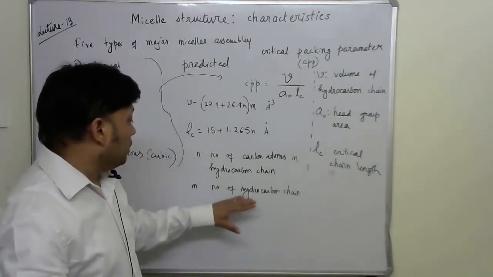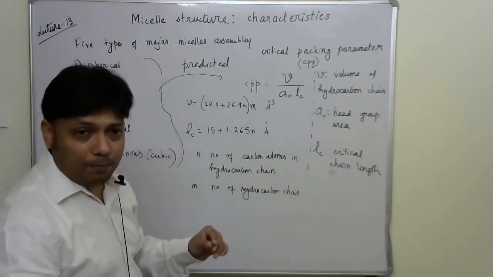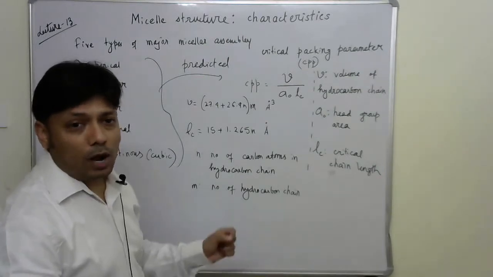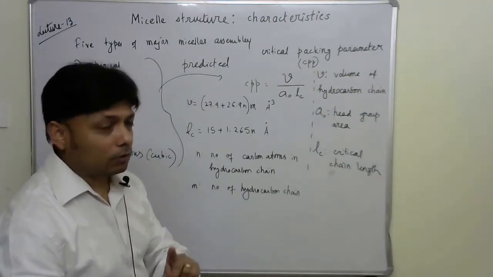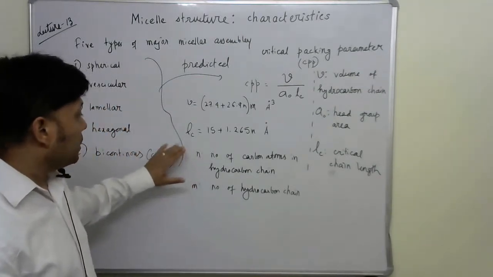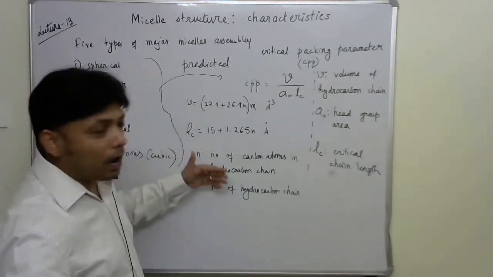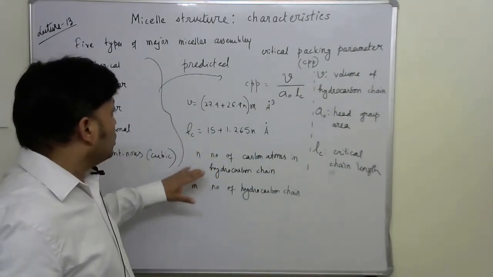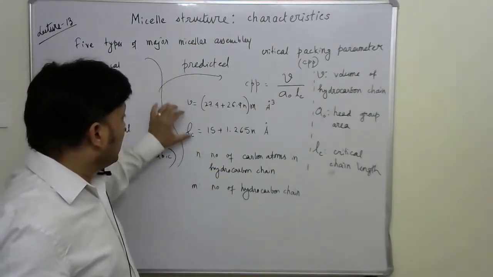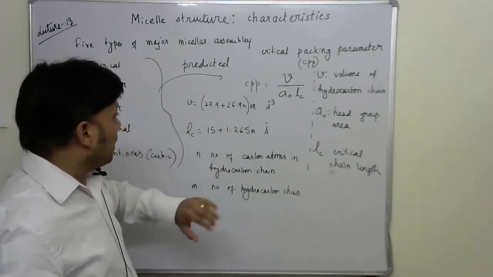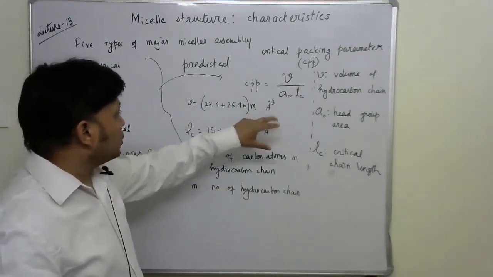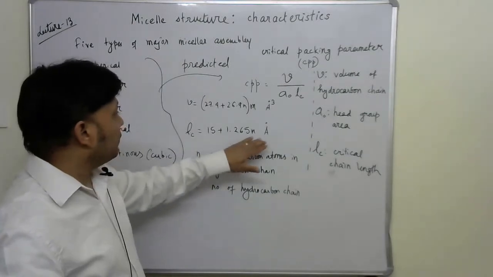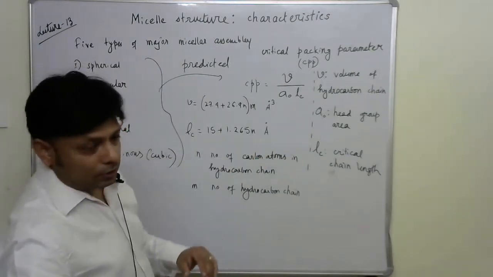Usually for a molecule like CTAB, M is equal to 1 because it has only one hydrocarbon chain, and N is the number of carbon atoms in the hydrocarbon chain. This is how V and LC depend on M and N. The volume unit is angstrom cube, and the critical chain length is in angstrom.